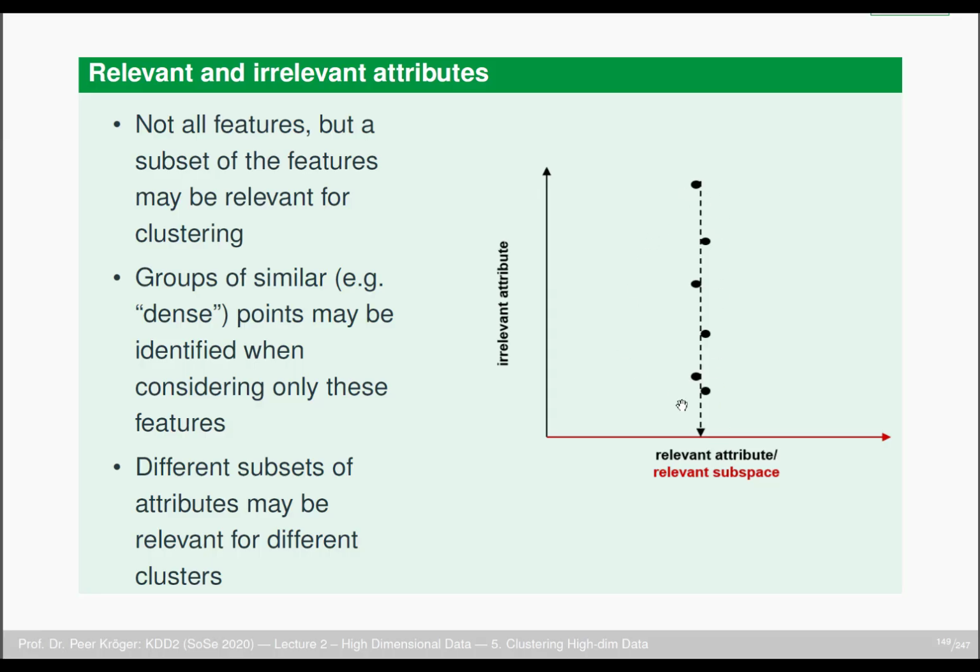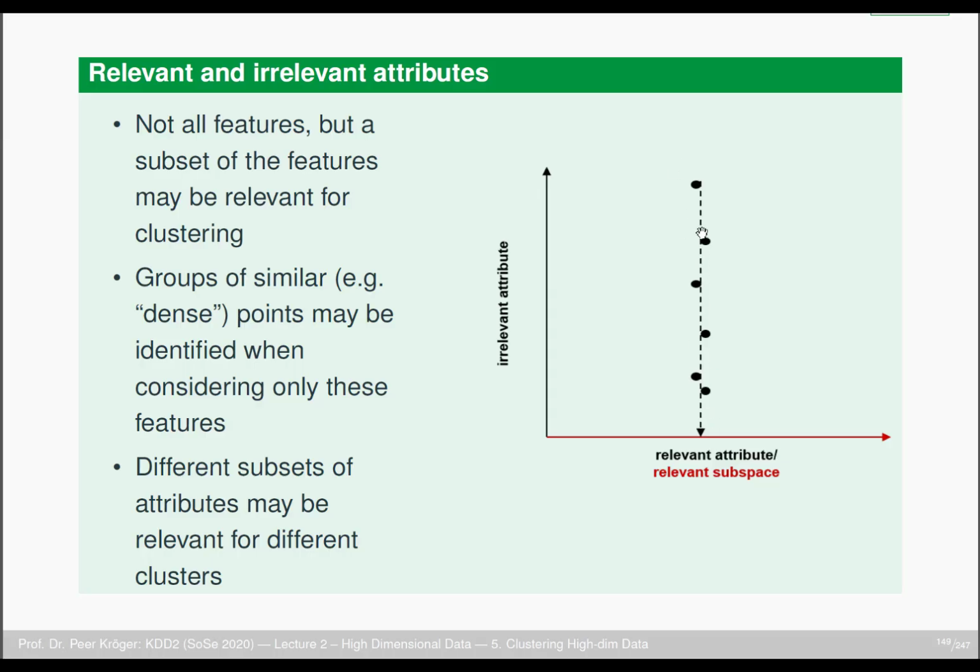So here is an example. If you take this two-dimensional space here, this partly forms a cluster, especially if we have some noise around here. But if you project all that stuff on this attribute here, you find out that those points here have very, very similar values in this particular subspace, in this particular attribute, meaning that if you only consider this here, they may form a cluster.